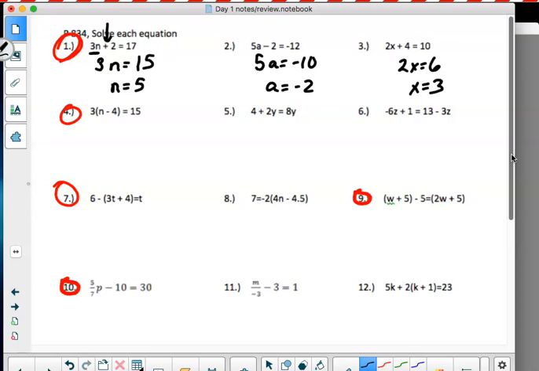Now, in each one of these, I could plug this value back in and evaluate. 3 times 5 is 15, plus 2 is 17, and I check my work. And I can plug this back in, and negative 2 times 5 is negative 10, minus 2 is going to give me negative 12. So I'm checking it to make sure it's right. And 3 times 2, which is 6, plus 4 is actually 10. So those are working out.